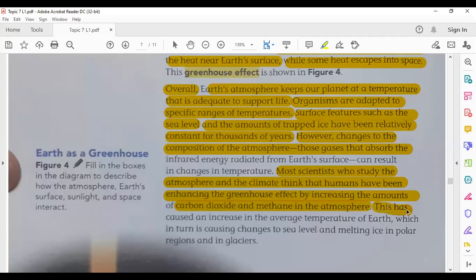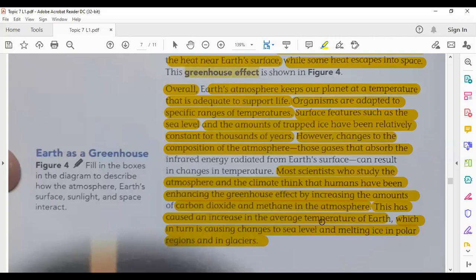This has caused an increase in the average temperature of Earth, which in turn is causing changes to sea level and melting ice in polar regions and in glaciers. Glaciers are huge sheets of ice. Increasing the levels of carbon dioxide and methane in the atmosphere increased the average temperature of the Earth.